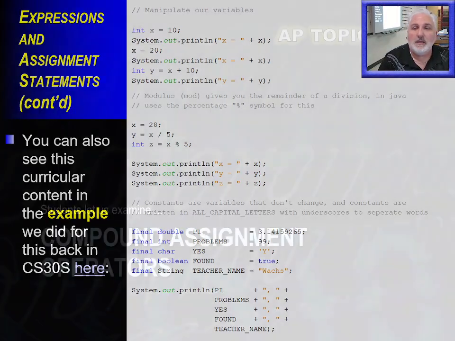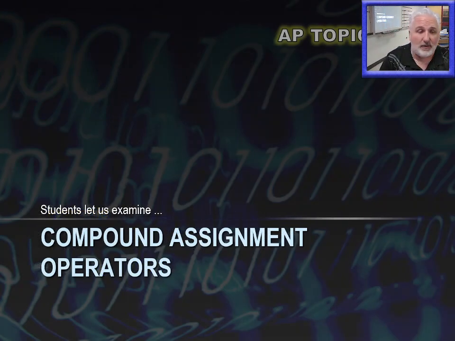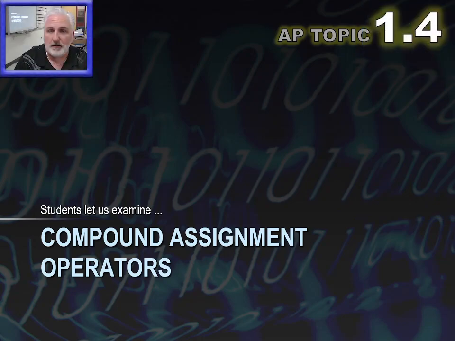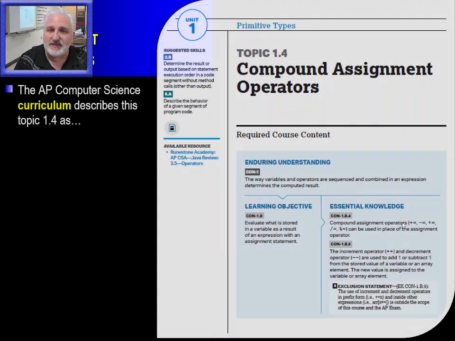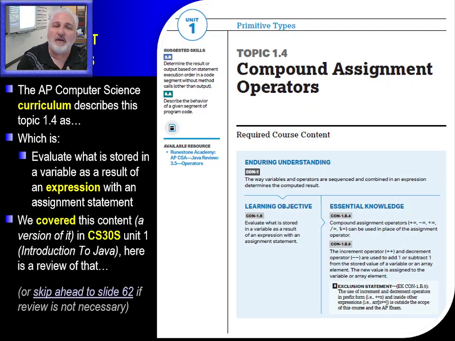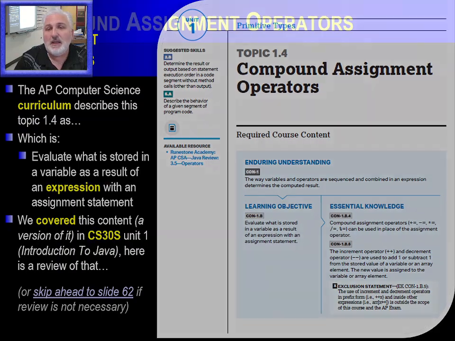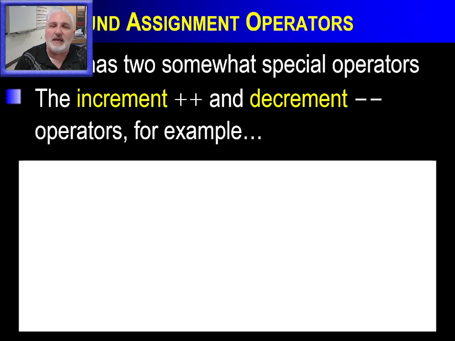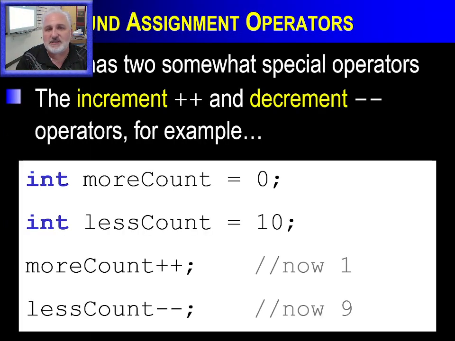Okay. So that was also in our example. So now we're going to go on to 1.4, compound assignment operators. The AP describes this part of the curriculum as evaluate what's stored in a variable as the result of an expression with an assignment statement. So this really is just basically getting used to how variables are manipulated.